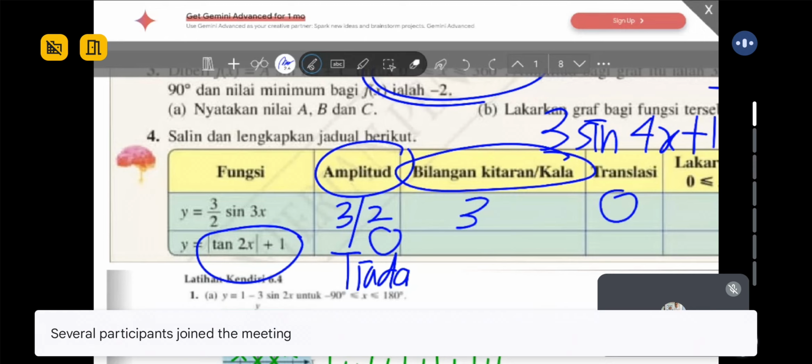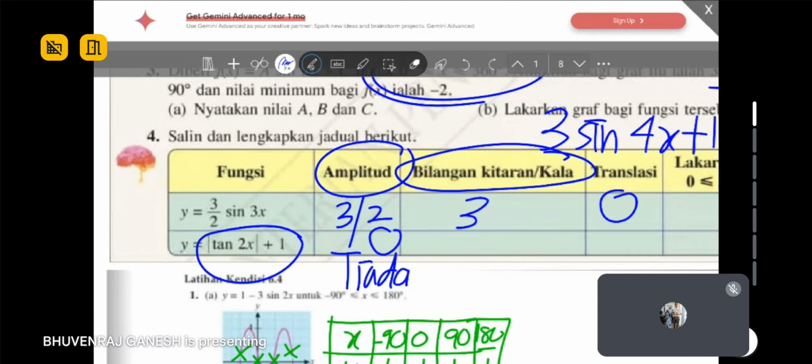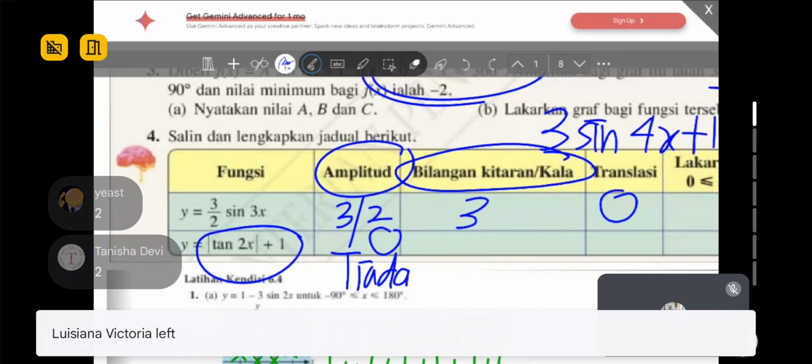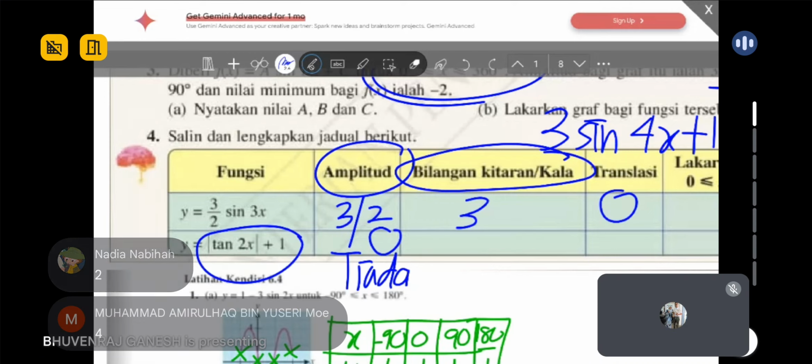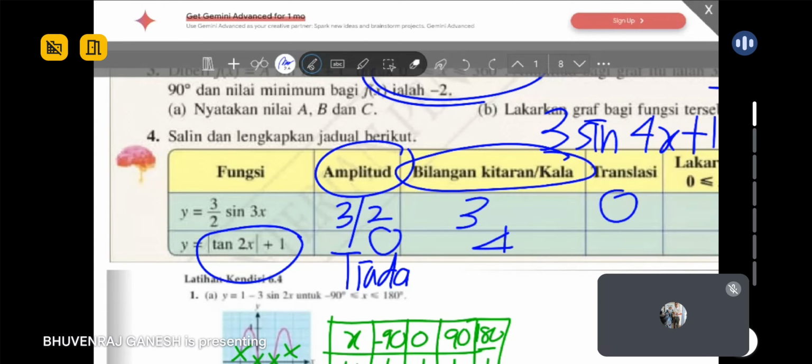Alright. So how many cycles over here? Berapa kitaran lengkap? Guys, careful, a lot of you will say 2. Banyak orang akan kata 2. Actually, it's 4, guys. Don't get deceived. You must always remember these 2 values are for 180 degrees only.